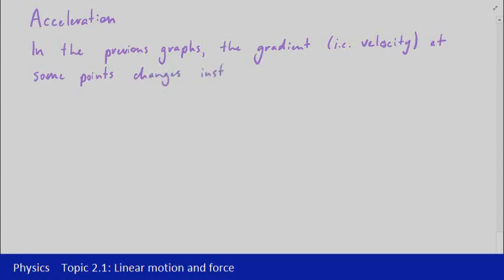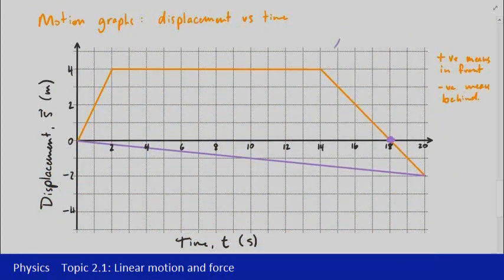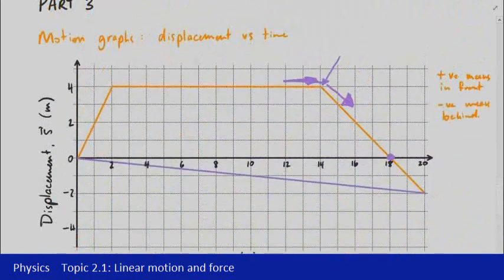And by that I mean that at one point in time the gradient, if we just go back and have a quick look, so if you look at the graph here, at this point in time here, 14 seconds, prior to 14 seconds, so this way, the velocity is 0, then at 14 seconds it instantaneously changes to a value of whatever we calculated down here, 1 meter per second. So there's a rapid change from 0 to 1.